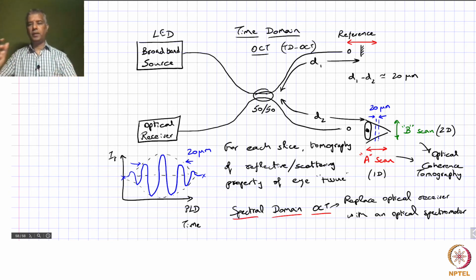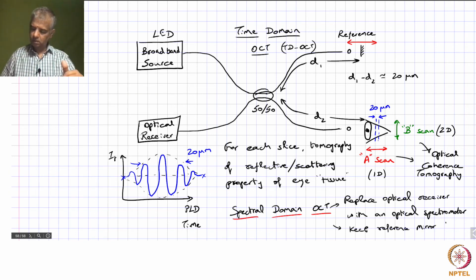The key thing is to keep the reference mirror fixed. So there are no moving parts as far as the spectral domain OCT is concerned.